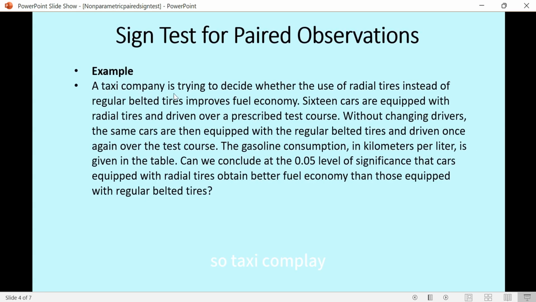A taxi company is trying to decide whether the use of radial tires instead of regular belted tires improves fuel economy. Sixteen cars are equipped with radial tires and driven on a prescribed test course. Using the same driver and the same cars, they are then equipped with regular belted tires and driven on the test course again.